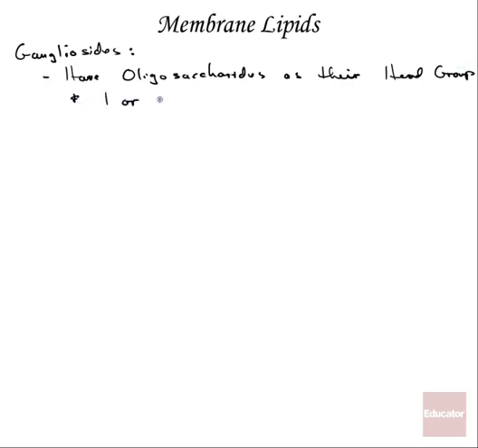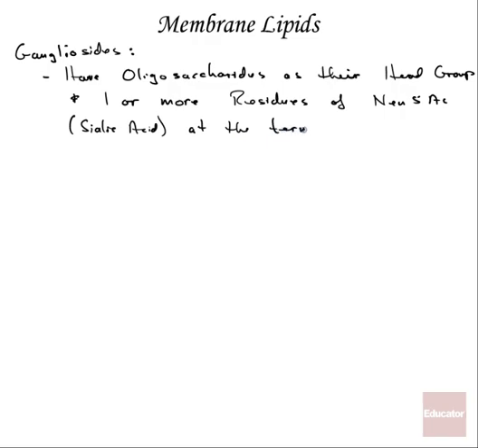And one or more residues, this is the important part, of NeuAc. Remember that? N-acetylneuraminic acid, sialic acid. I'm just going to go ahead and call it sialic acid, at the terminal positions.